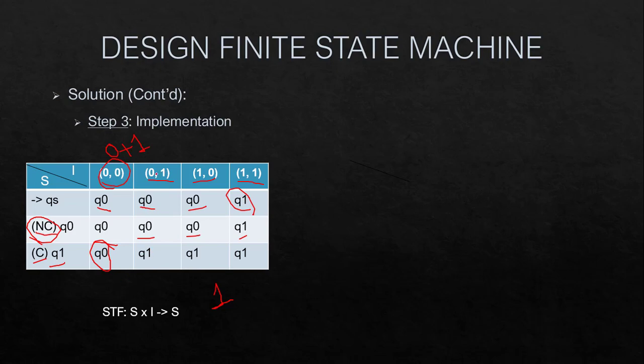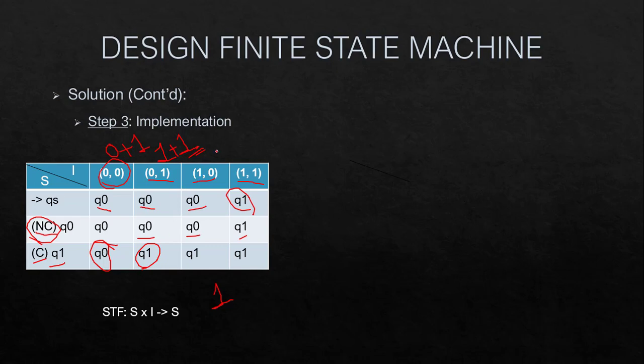So we will transit to the Q0 state. When we have 0, 1 as the input, we know the addition will be 1 and the carry 1 will get added to it. Since we are in the carry state, that means our previous addition had generated 1 as the carry. So here again, since we are adding 1, 1, a carry will be generated and we will stay in the Q1 state.